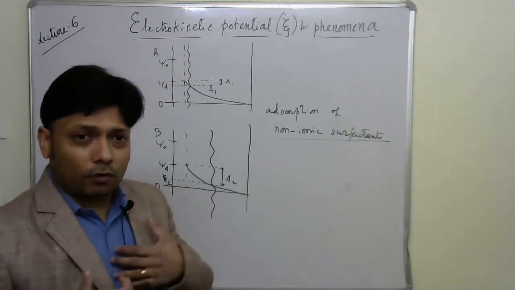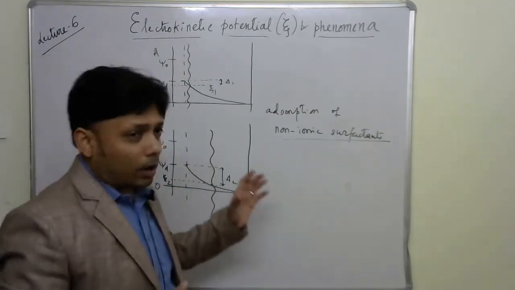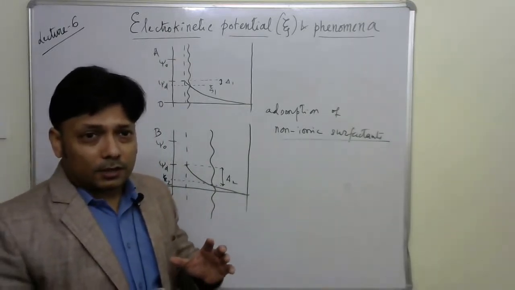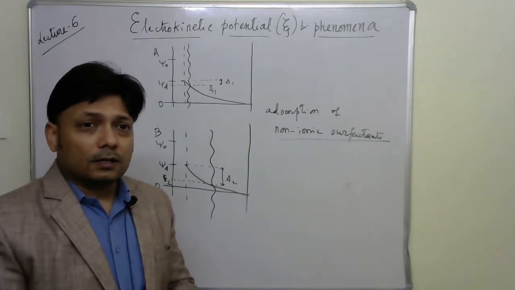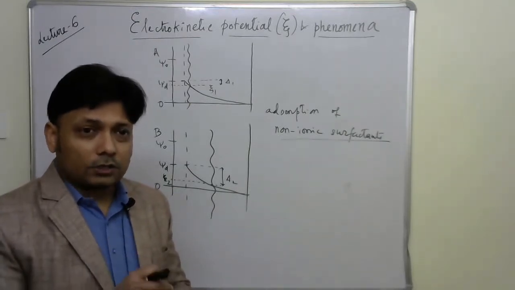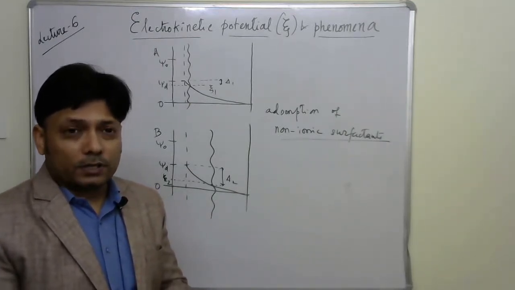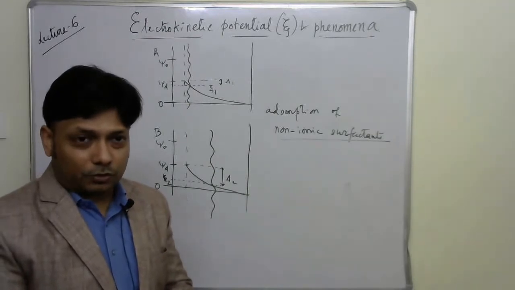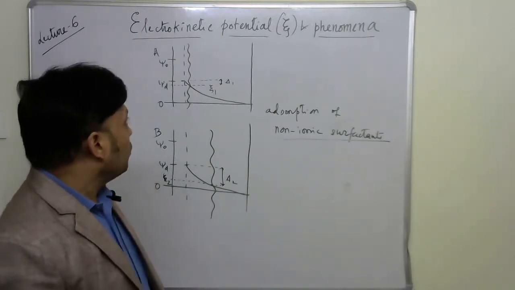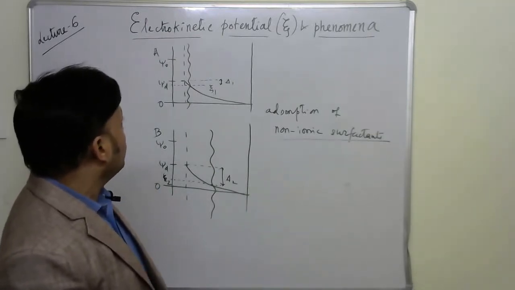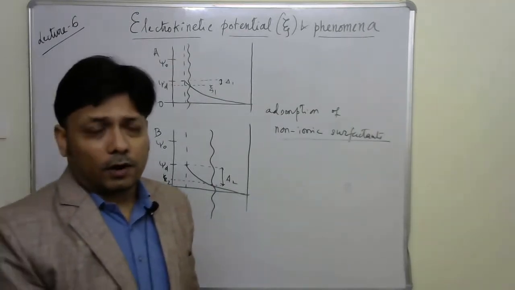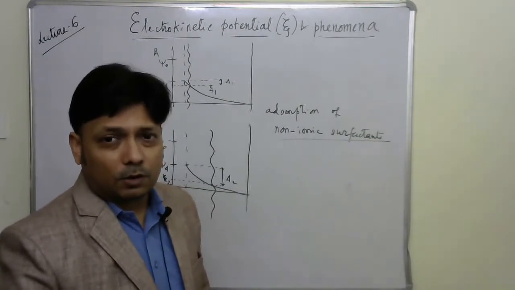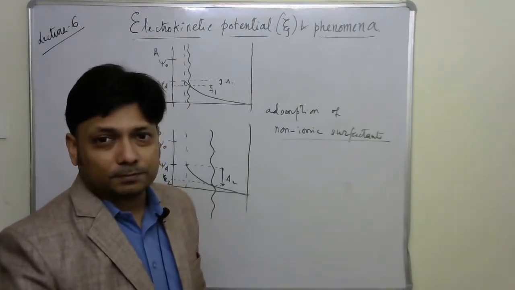But for us, the chemists, this much working knowledge is absolutely okay, as far as our knowledge of colloids and surface chemistry is concerned. All right. So now we'd like to move on to electrokinetic phenomena. Let's clear this out and start afresh.